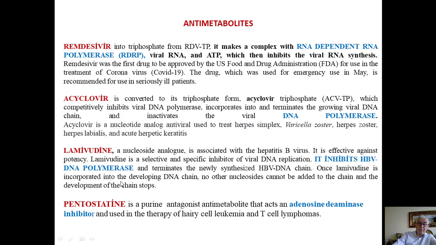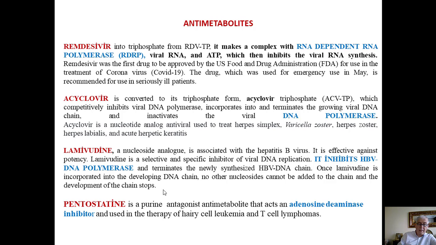Lamivudine is incorporated into the developing chain, no other nucleotides can be added to the chain, and this results in inhibition of replication of the virus.